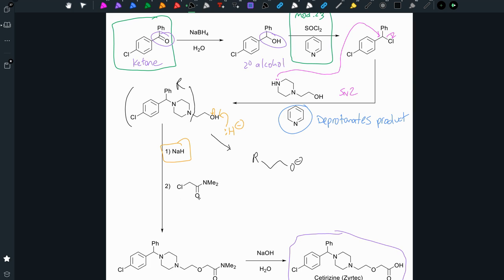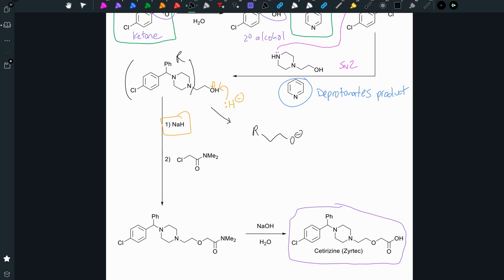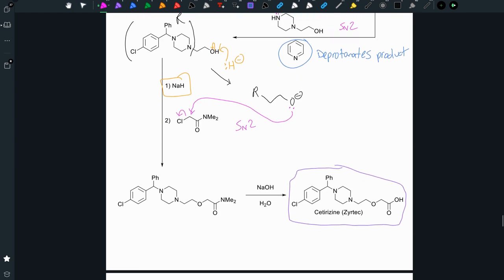And then I'm adding another alkyl chloride. So this is just going to do an SN2 reaction. Again, a reaction that you've seen. And that gives me this next intermediate.